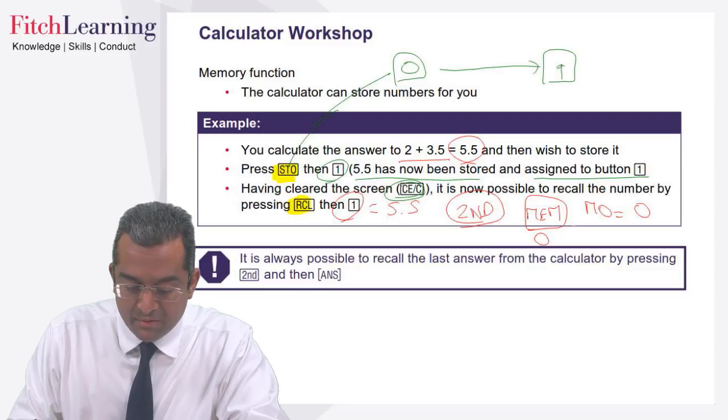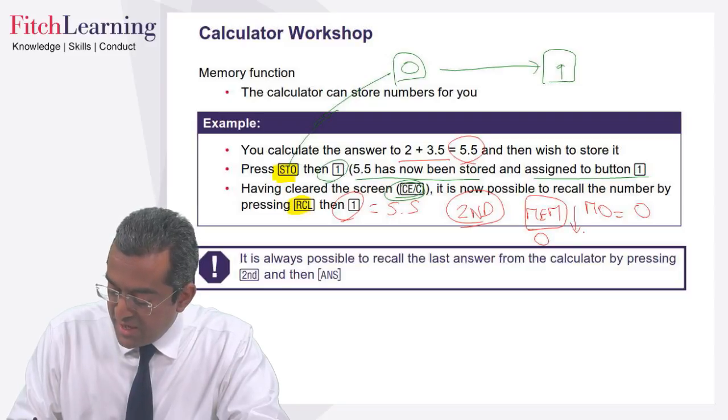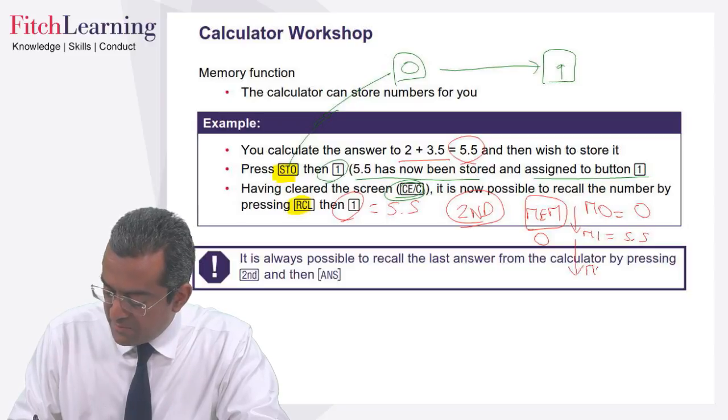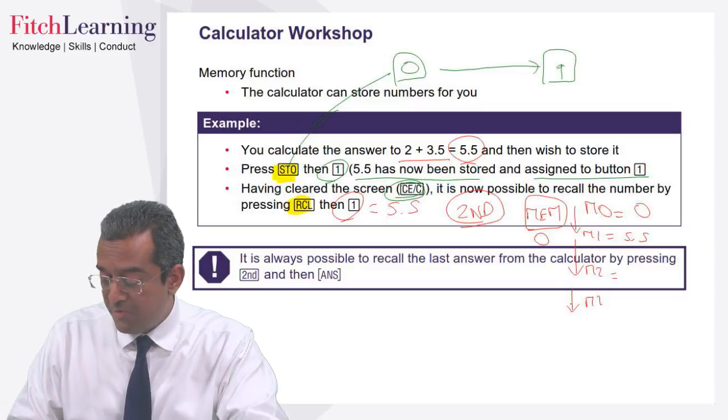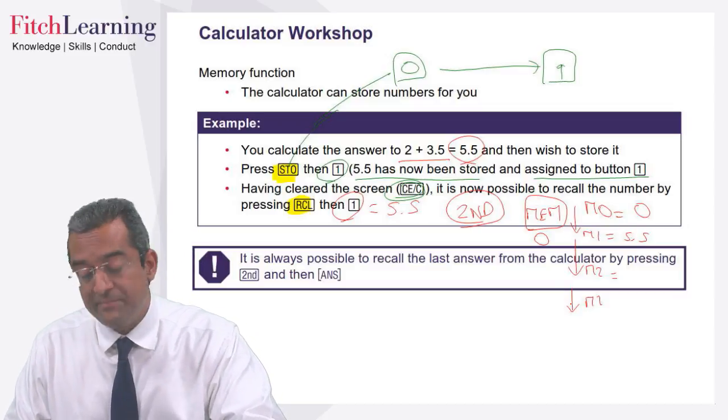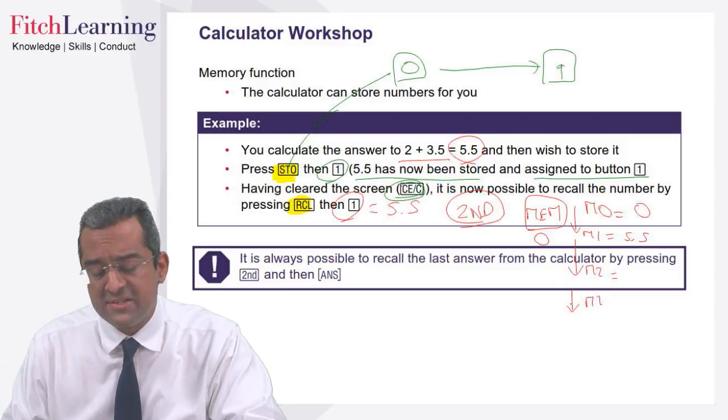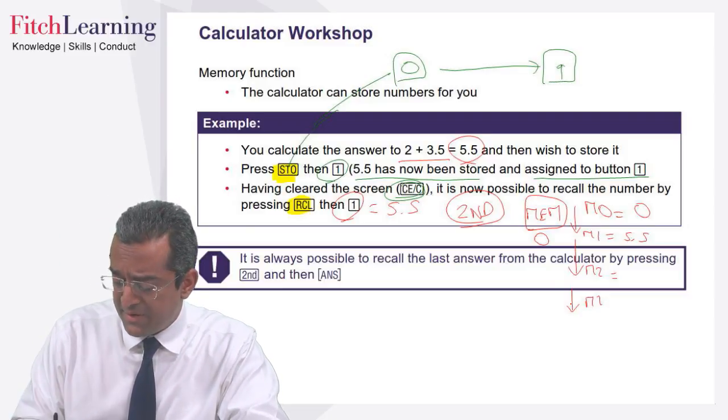If I press the down arrow, M1 equals 5.5, and so on and so forth. M2 equals, M3 equals. You press the down arrows there, which is the top of the calculator, and you can scroll through all of the memory buttons up to number 9. So basically you've got 10 memory settings, and you can access what's in memory by pressing second memory.